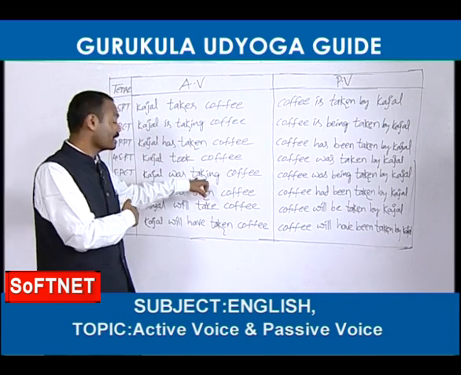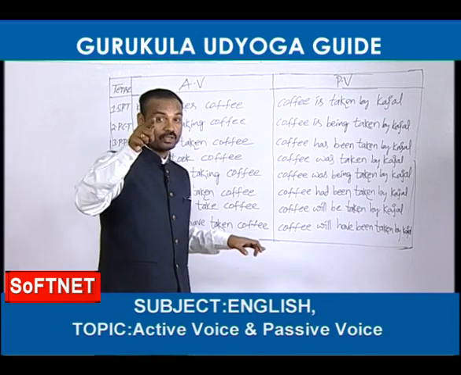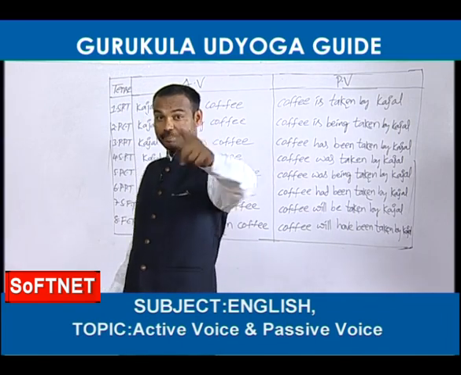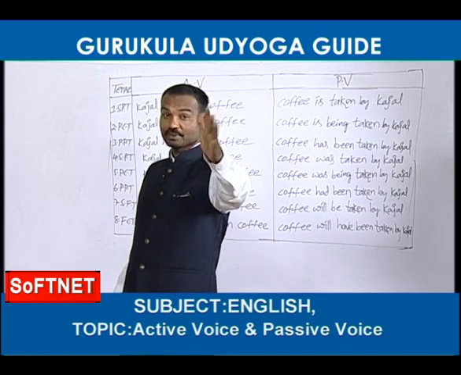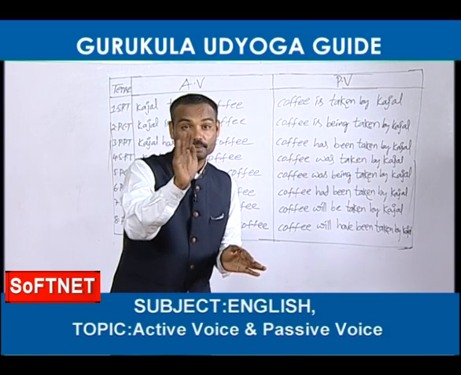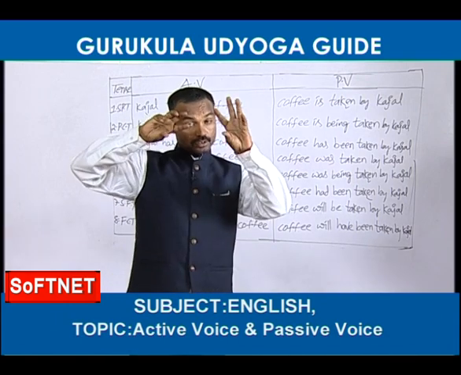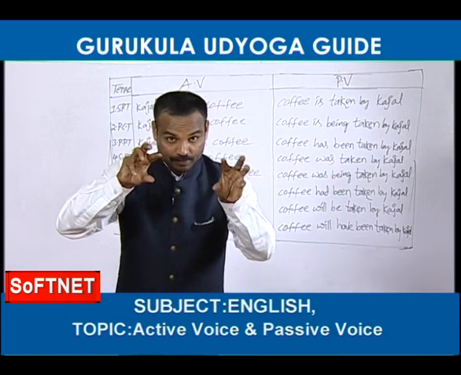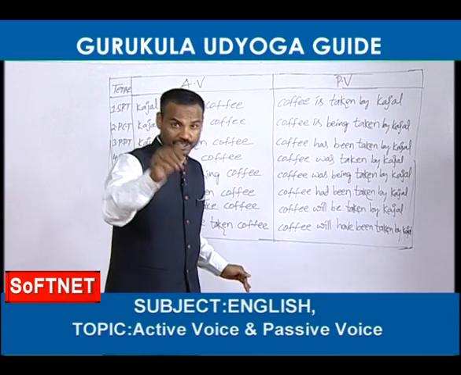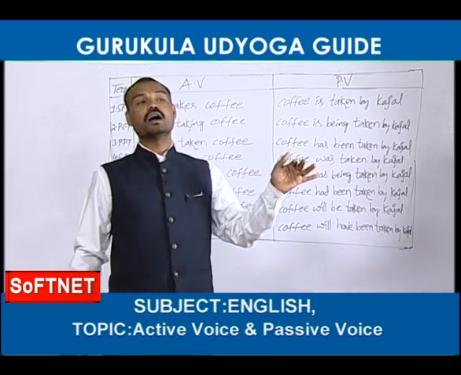So whenever you find ing form, what I told you, being should be taken, right? Wow, you remember still, great. And where should you write that being? That being should be written between helping verb and main verb in the passive voice. So coffee was being taken by Kajal.